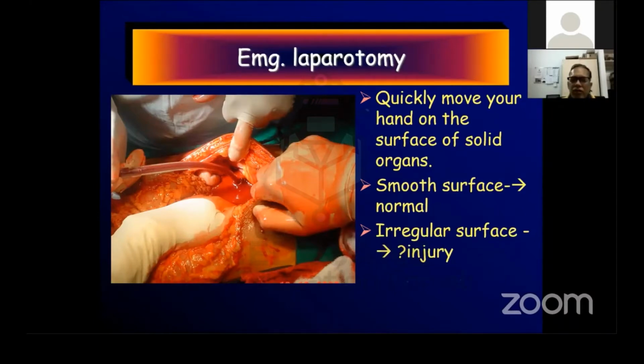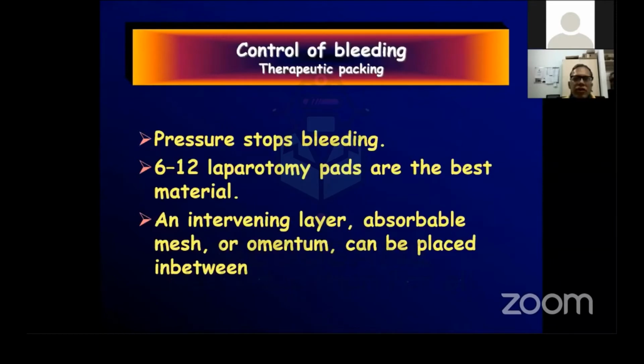If the surface is irregular, put packs and pressure to achieve hemostasis. Six to twelve laparotomy pads are necessary for the local pressure. It is better to put an intervening layer of omentum or some absorbable material like mesh, so that when you pull out the laparotomy pad, the bleeding will not restart.